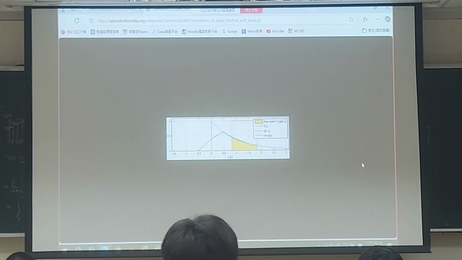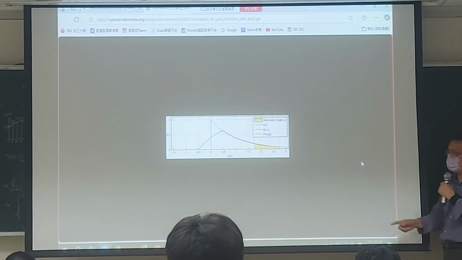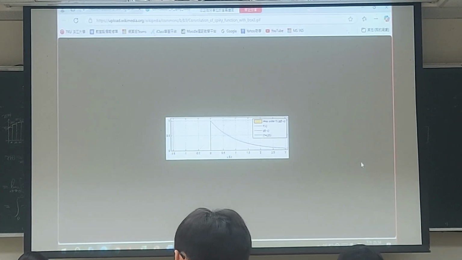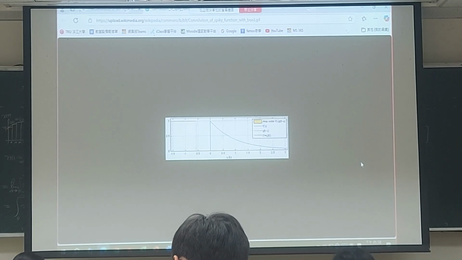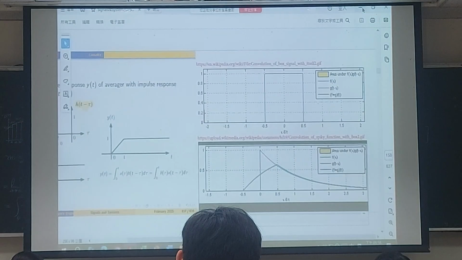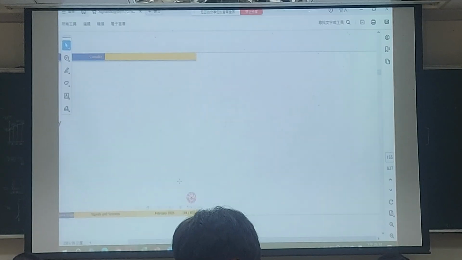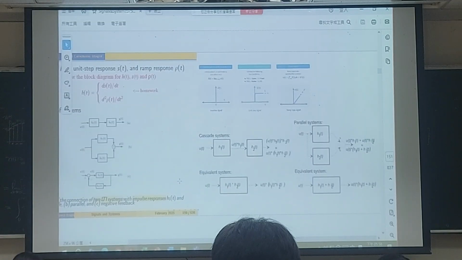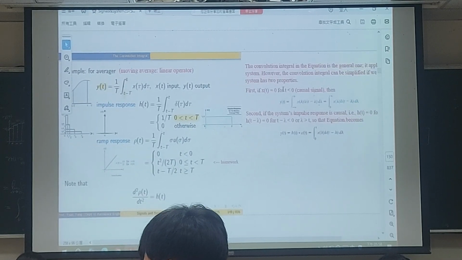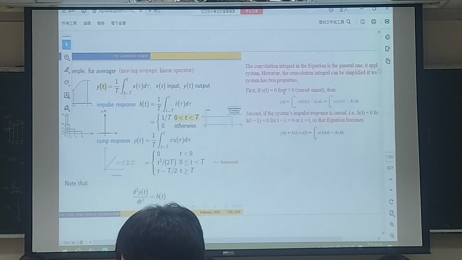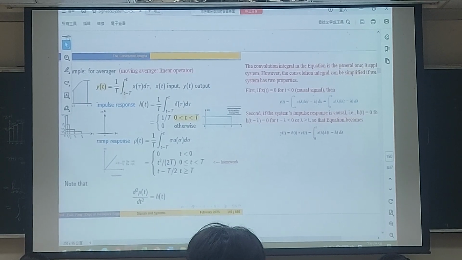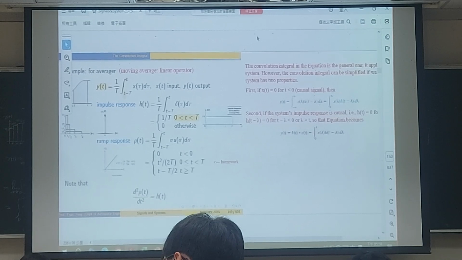Think about this again, because if this is the first time you saw this, it's a little bit awkward, but this is very important. This is the convolution. Any questions before we move on to the next example?